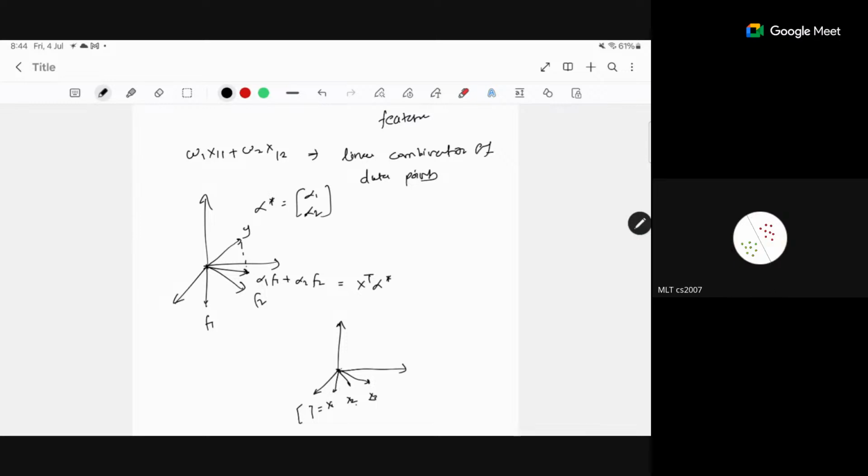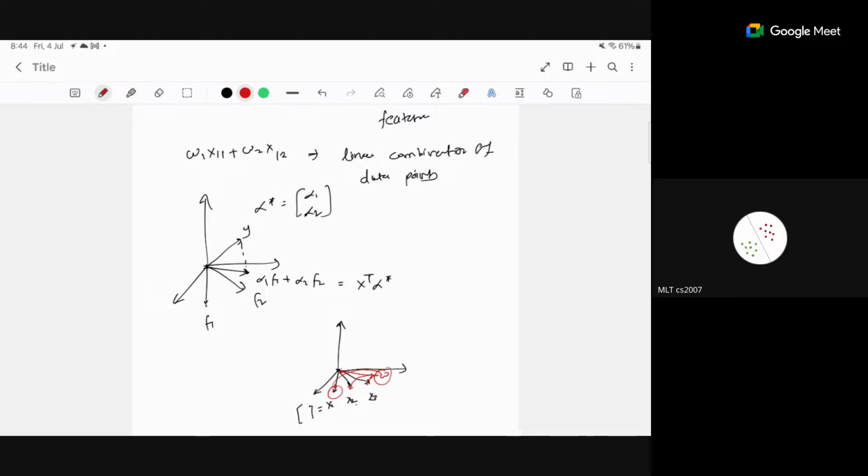Where is your w vector in the space? You take a dot product of w with each of these: w with x1, w with x2, and w with x3. W is in the span of x1, x2, x3, the data points.